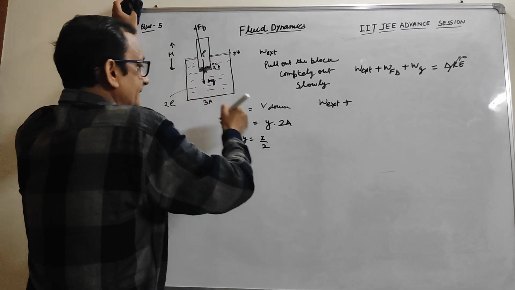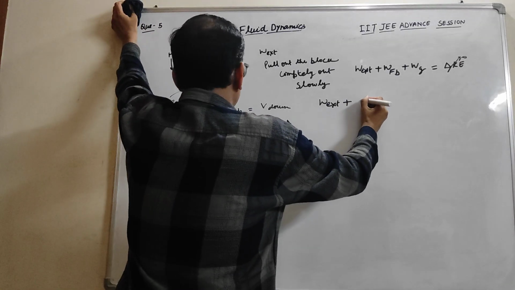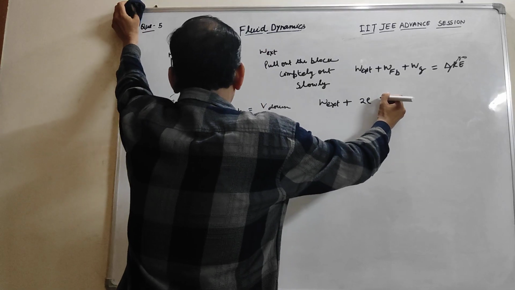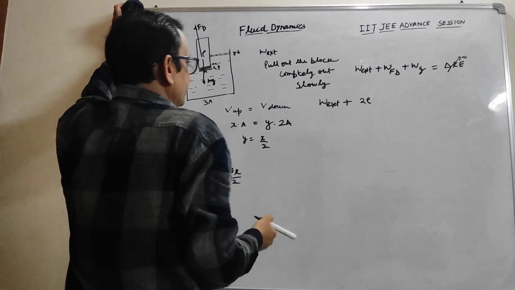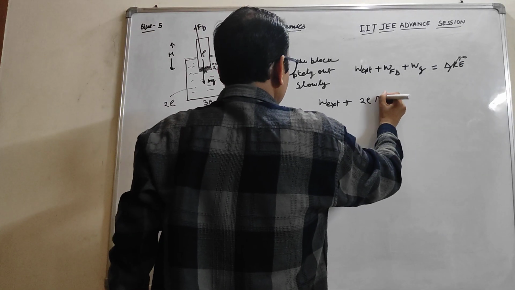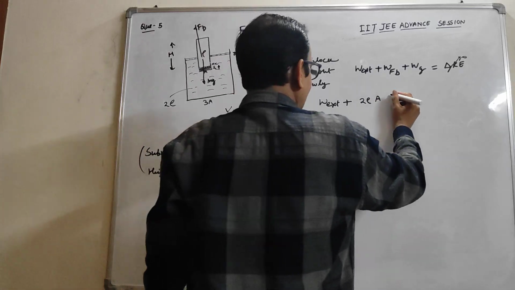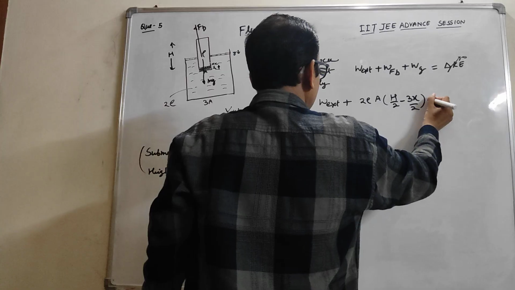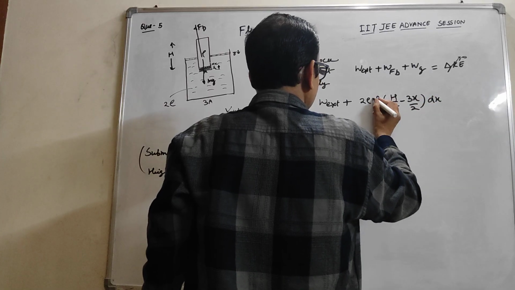So here we take the density of liquid, this is 2 rho, and area of the block, that is A, and effective height is h by 2 minus 3x by 2, into dx, g into dx.